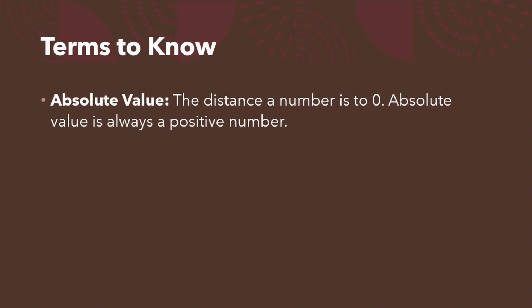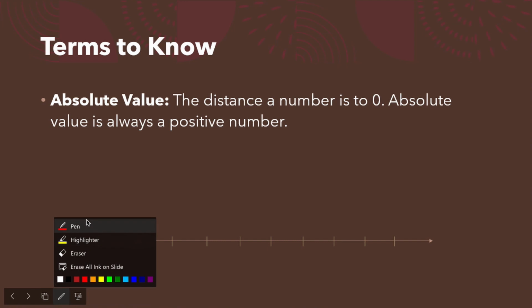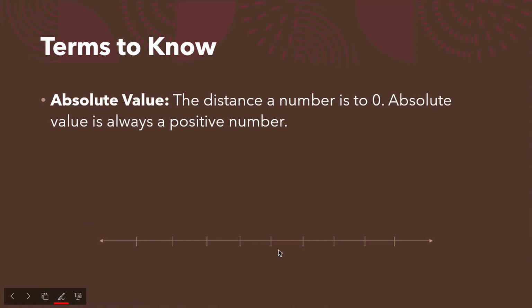Well, let's take this number line, and I'm just going to quickly label it. Alright, so I've labeled the number line here. So what is the purpose of this number line in showing what absolute value is?